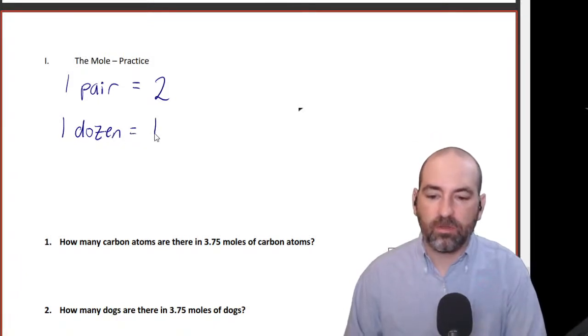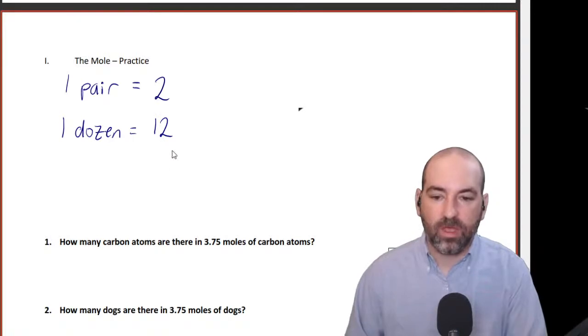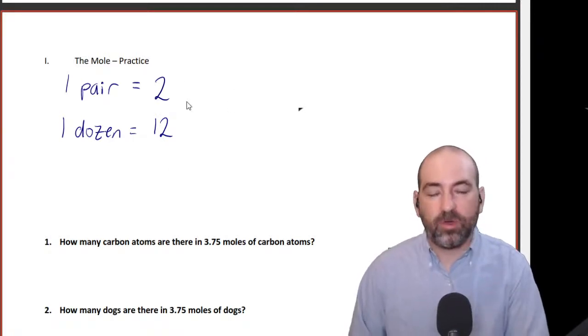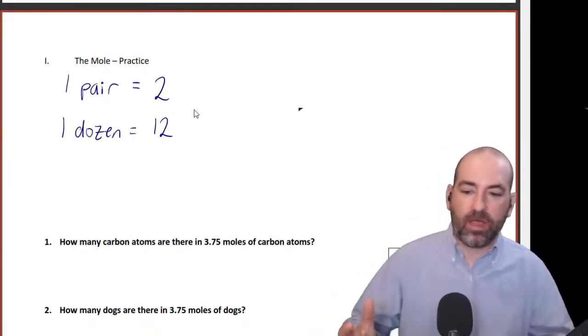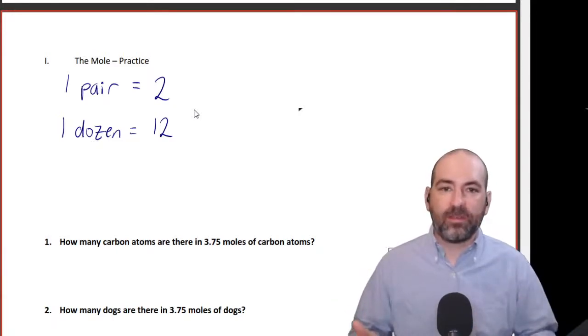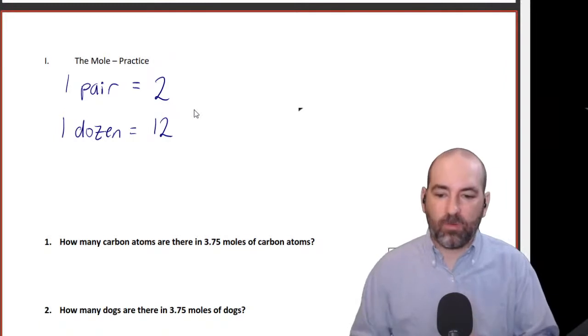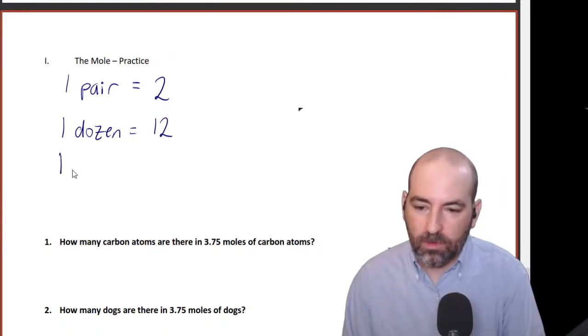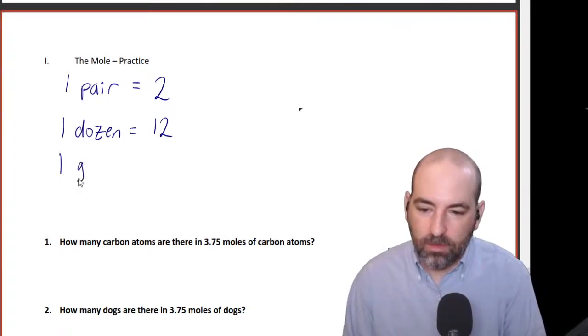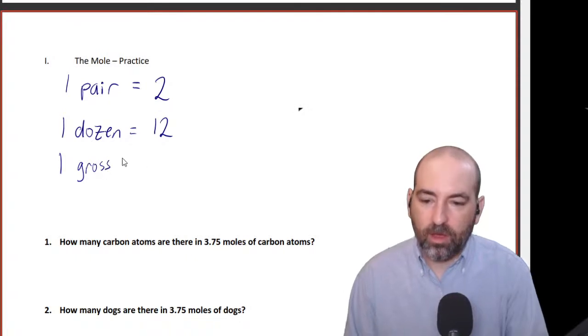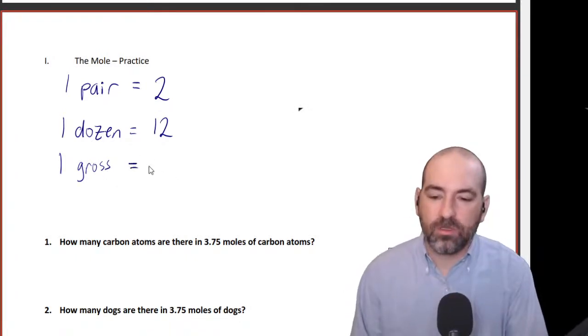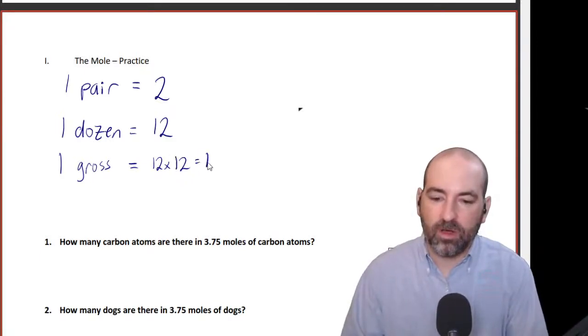One dozen is 12. And notice there's no unit here. We could say items or whatever it is that we're counting. It's just a way of counting things in batches, in large batches, rather than counting them one by one. I don't know if you've heard of this one, but a gross is 12 times 12, so a dozen dozen, or 144.